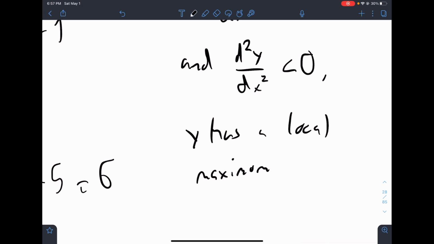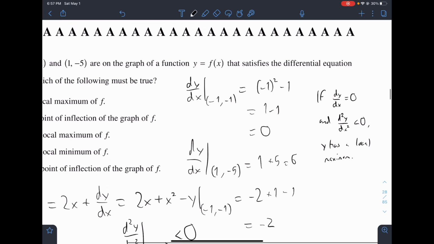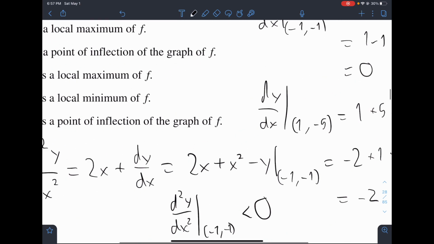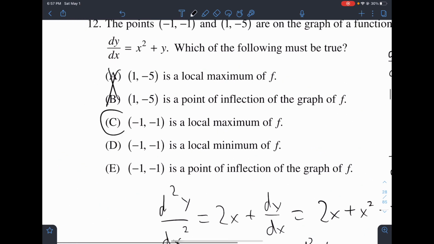So this is a local maximum. Likewise, if d squared y over dx squared was greater than 0, it would be a local minimum, but it's not, so it's a local maximum. So C.